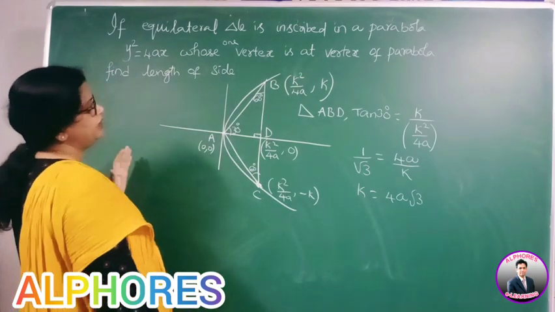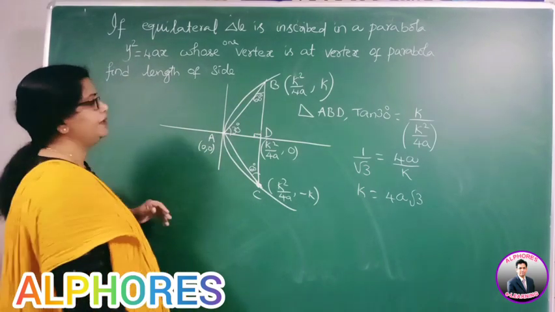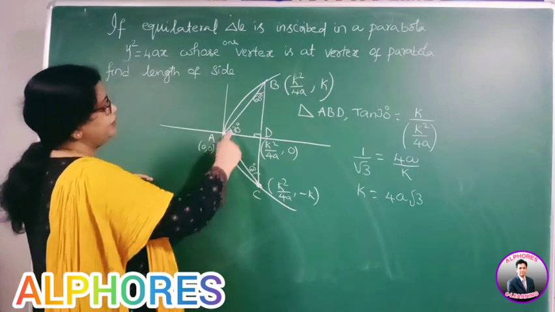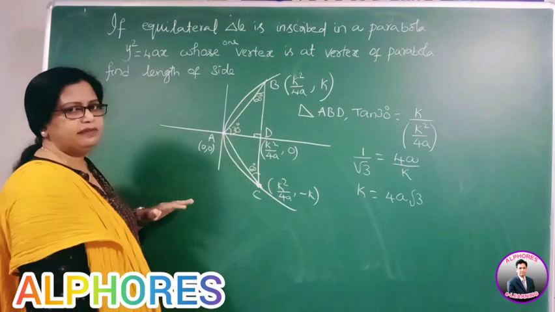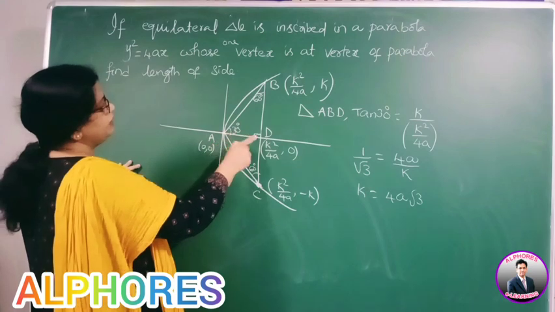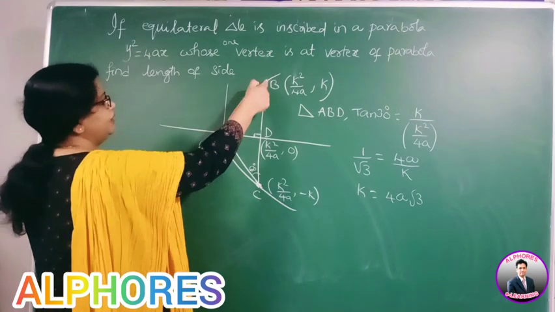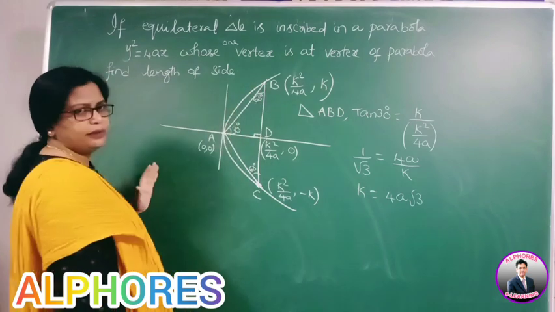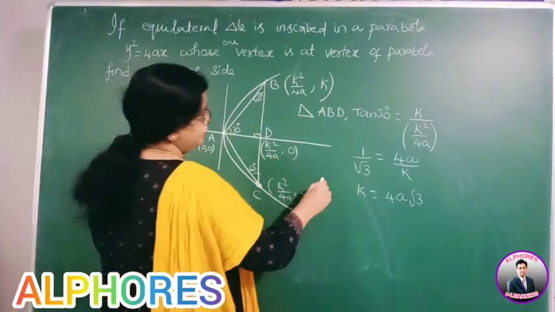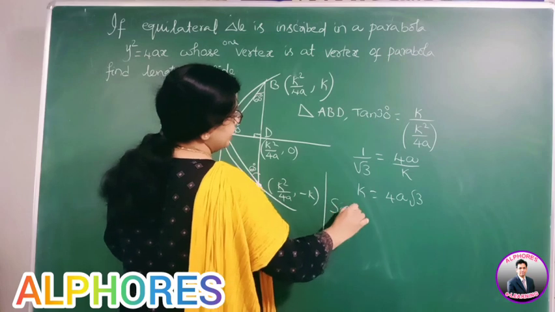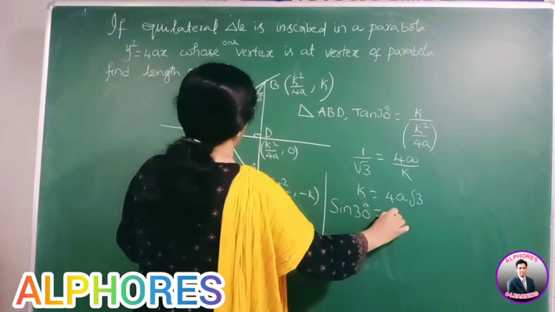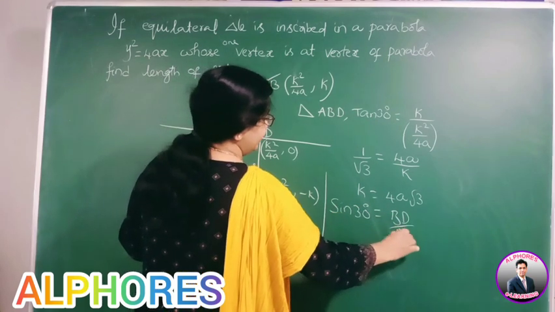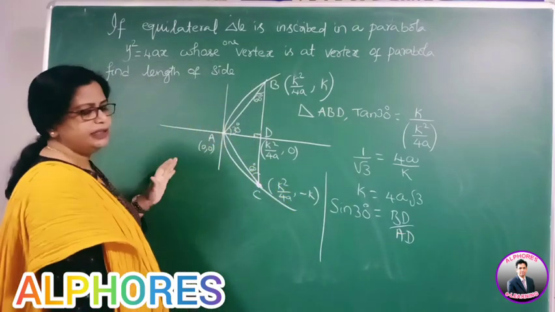Then they asked you about the length of the side. To obtain the length of the side, now you can make use of simply the sine value also. So what is sine 30 degrees here? Sine 30 degrees is nothing but BD divided by AB. Or you can use any other concept, but I am using sine 30 degrees equal to BD divided by AB. Now what is the BD value? It is k.